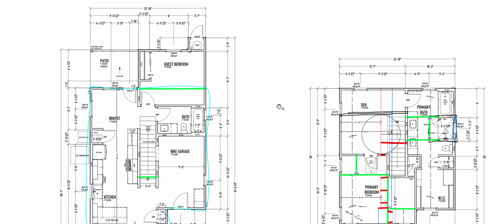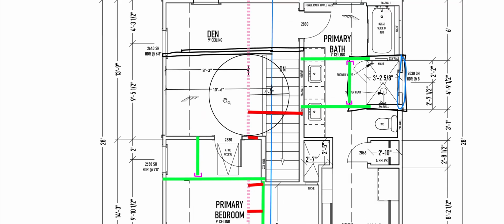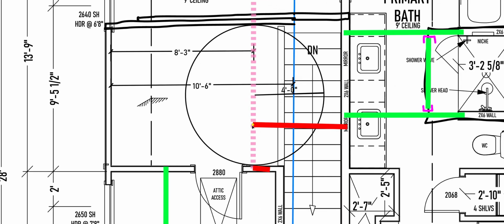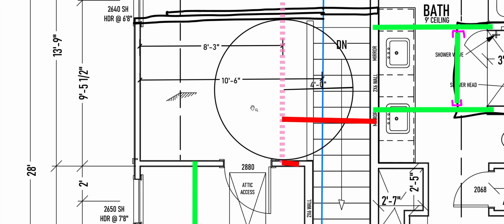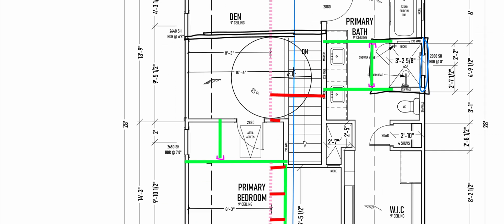So here we're going to do some math. I need to figure out how high this point is above this point. That's all I'm concerned with. So the first thing I need to know, if I'm starting at 7 feet and I'm going up the roof to here, what is that change in height? Well, what is the distance? It's 8'3". We've already got that.